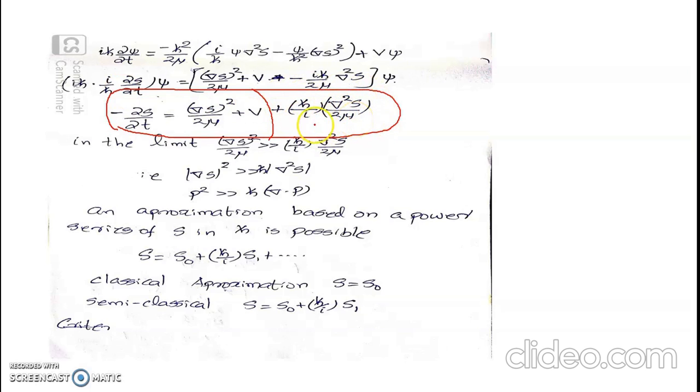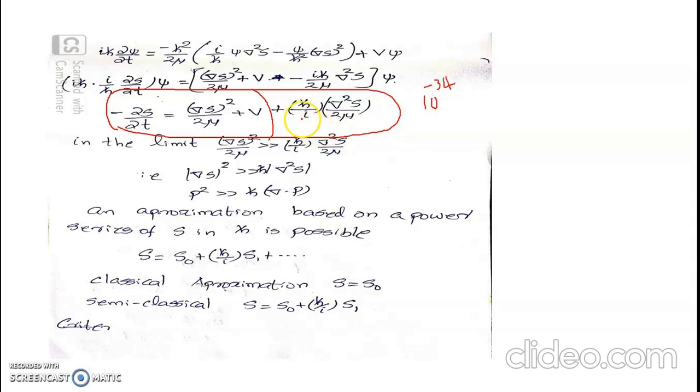So now the question is, can you neglect this term? The answer is, of course, not. Because this term containing h cross, as you know, is of the order of 1.38 into 10 power minus 34. It is, of course, negligibly small, but it is still finite.